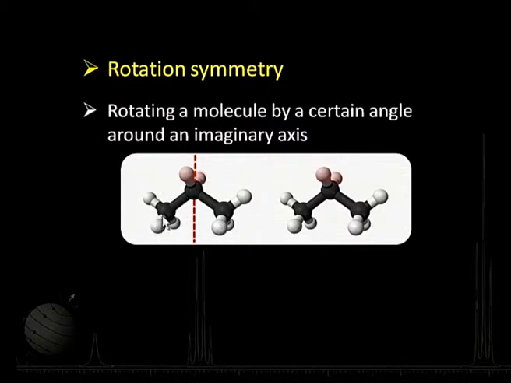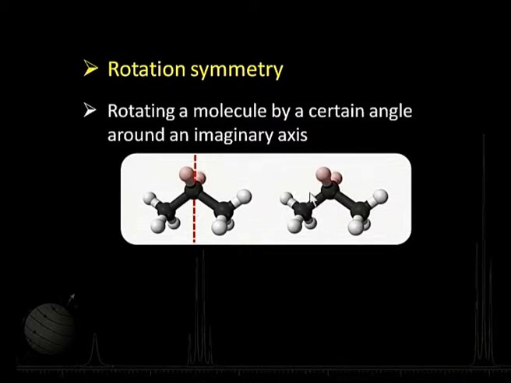There are 3 protons of this methyl group, 3 of the terminal methyl, and then 2 methylene protons. Now, if I look at these 2 protons, I have purposely tagged them here. They are all protons only. Now, if I imagine an axis over here, which is given by a dotted line, and if I rotate this molecule by 180 degrees, what I get is this picture here. These 2 are indistinguishable.